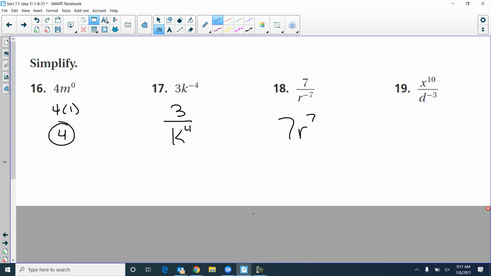All right, Evan, look at number 19. What do you think the answer would be? No, we're not. That's not applying today. What do we not like about what we currently have? Okay, alright, so that's the only thing we need to worry about.